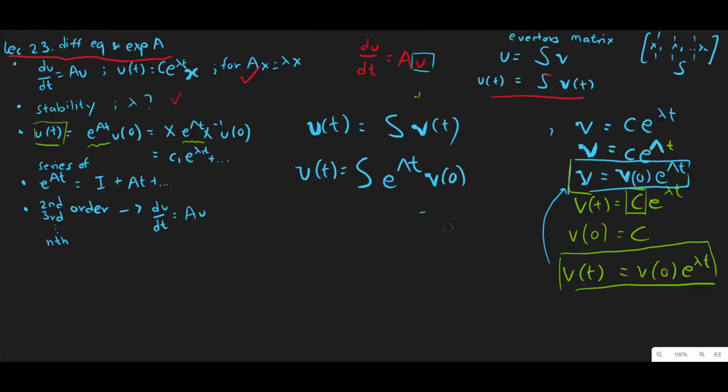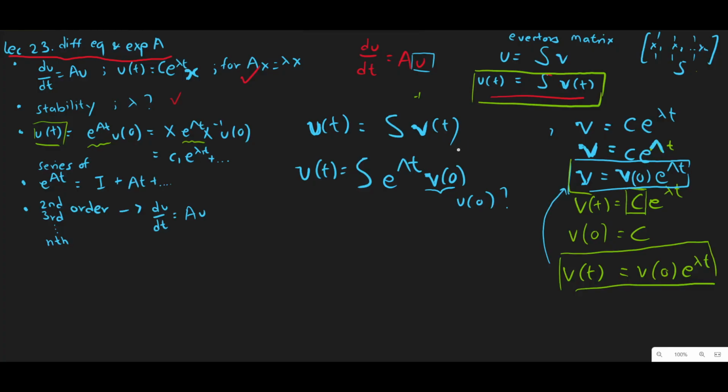Okay. So let's move on. And now I am interested in expressing the v0 in terms of u0. Now how can I do that? By modifying or playing around a little bit with this formula.